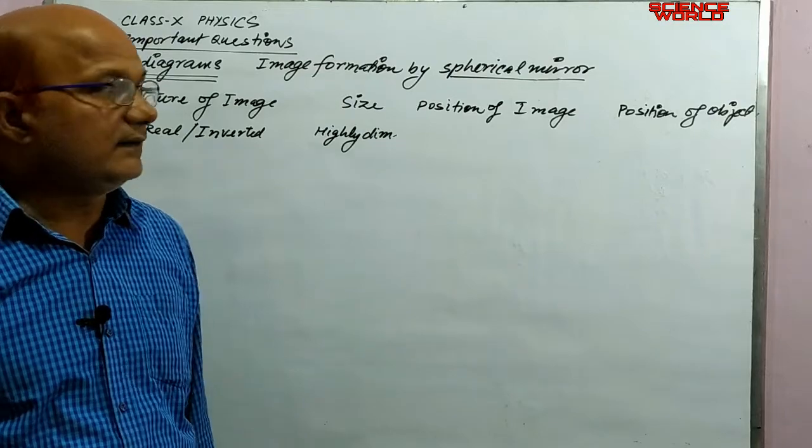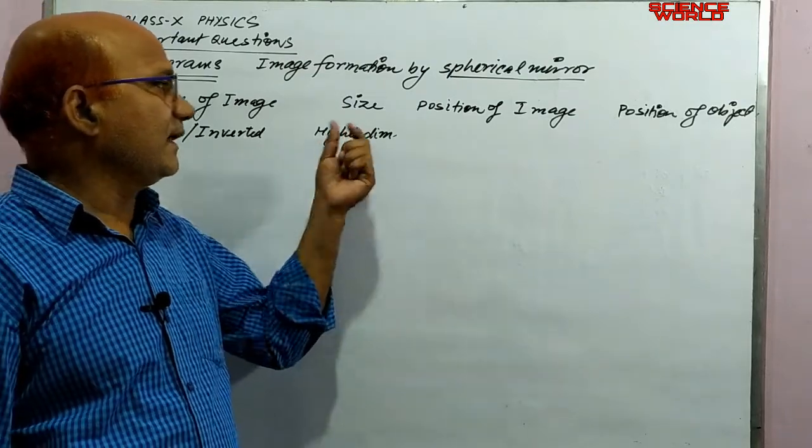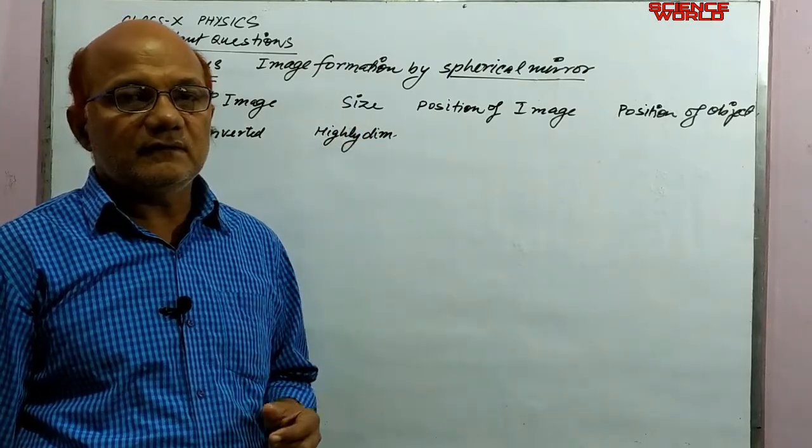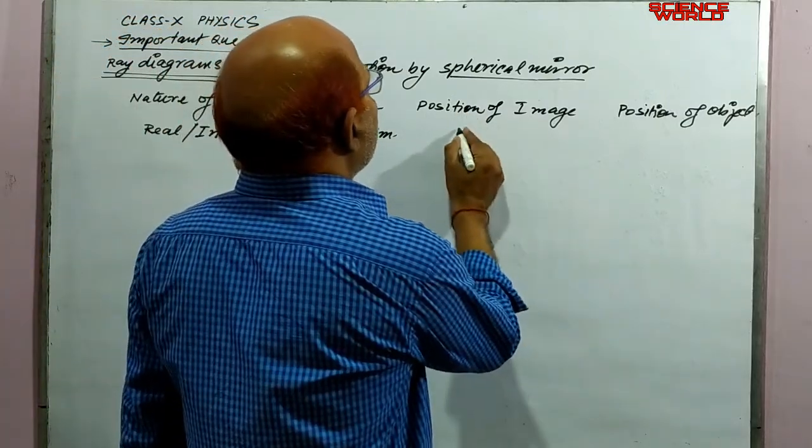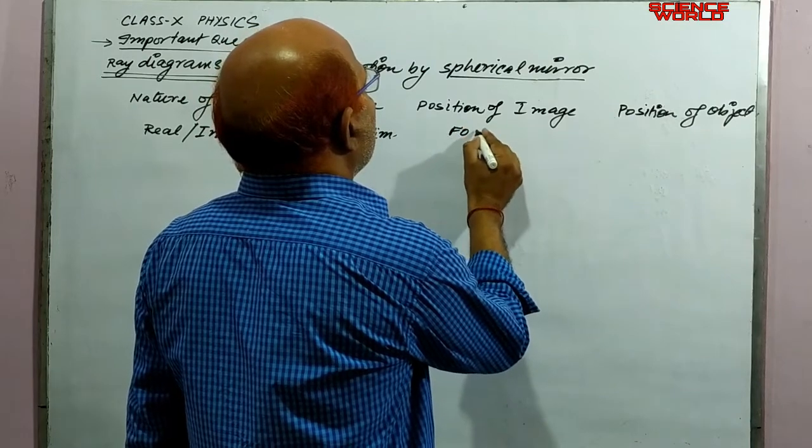As you have studied, when the image is highly diminished, it means the image is at focus. So, position of image will be at focus.